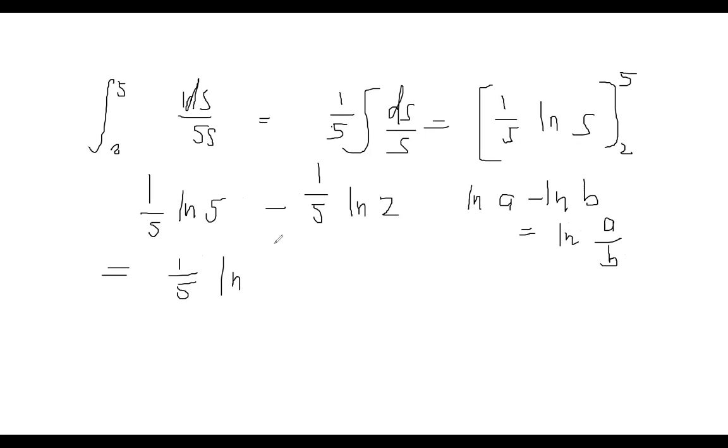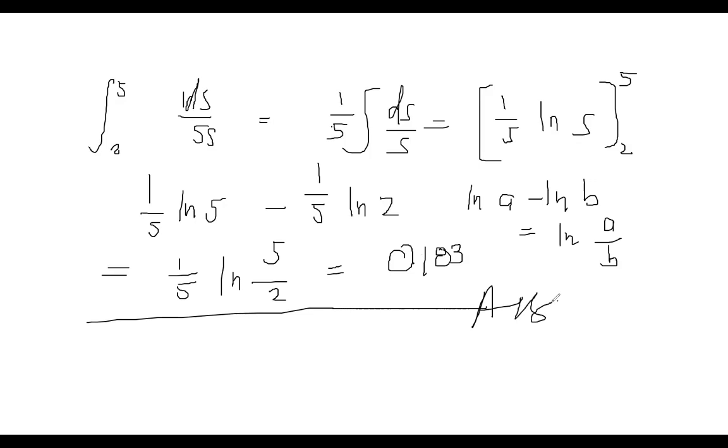That's 1/5 ln 5 over 2. Right, so that is our answer. Or if we simplify it further and get the actual value, that will equate to 0.183. So that is our final answer for the definite integral of this term.